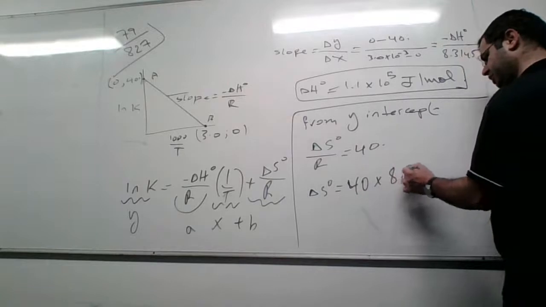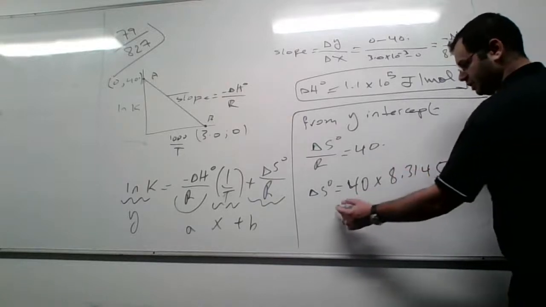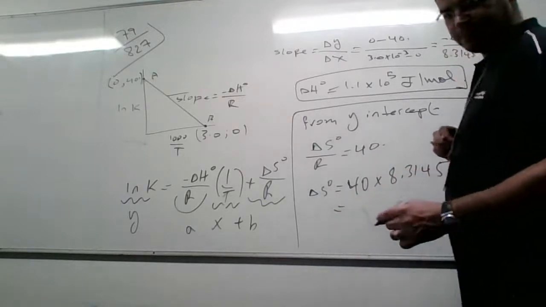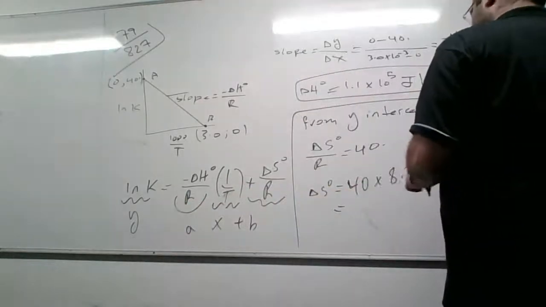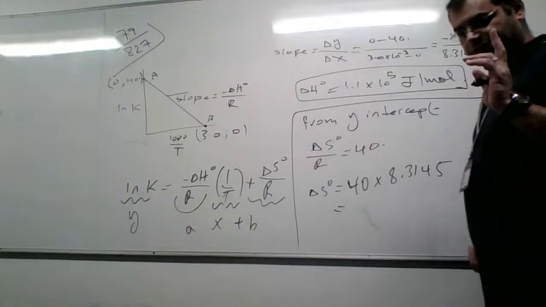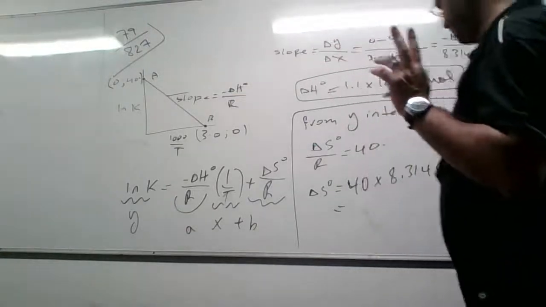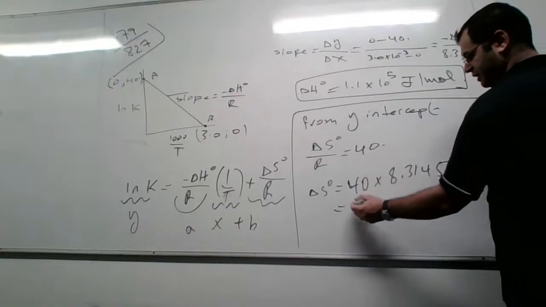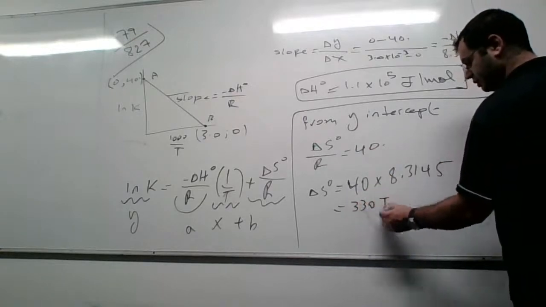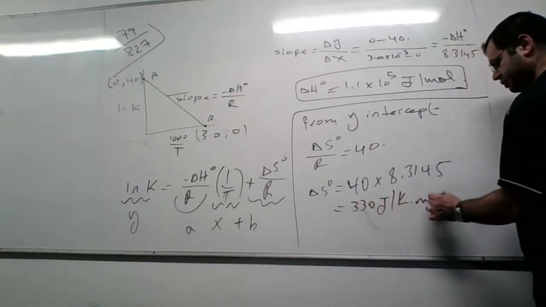times 8.3145, it will be 332.6. I should have two significant figures, because 40 has no decimal point, so it's going to be 330 joule per Kelvin mole.